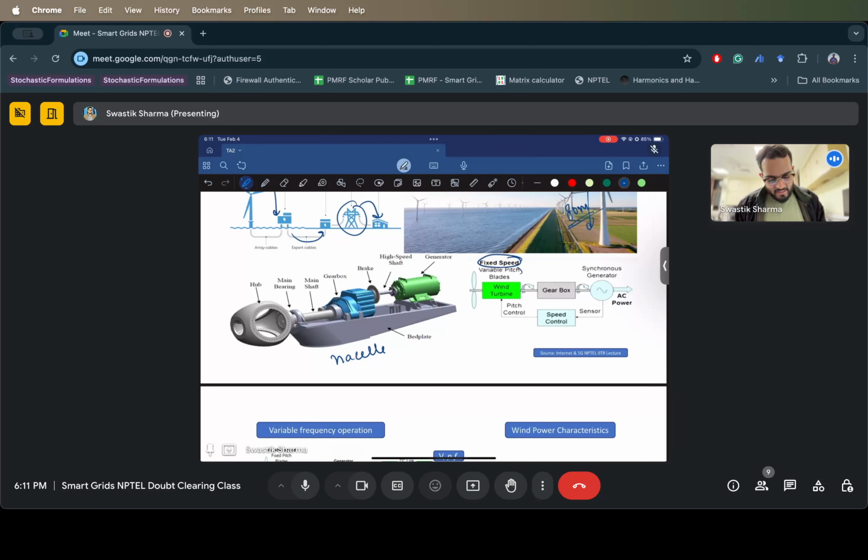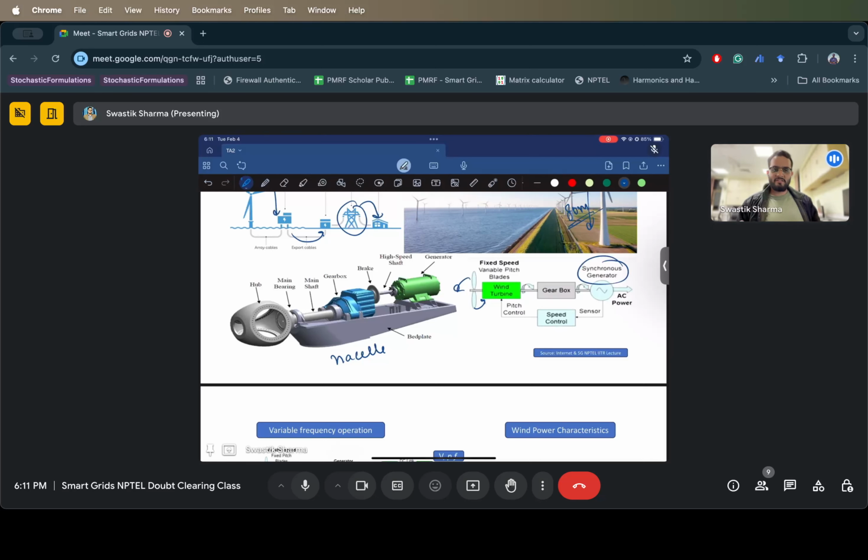So for that, we have variable pitch blades. How do they function? Let's say the blades are rotating. And it's connected across a wind turbine, right? It provides the rotation, which is then connected to the gearbox, which is then connected to the synchronous generator.